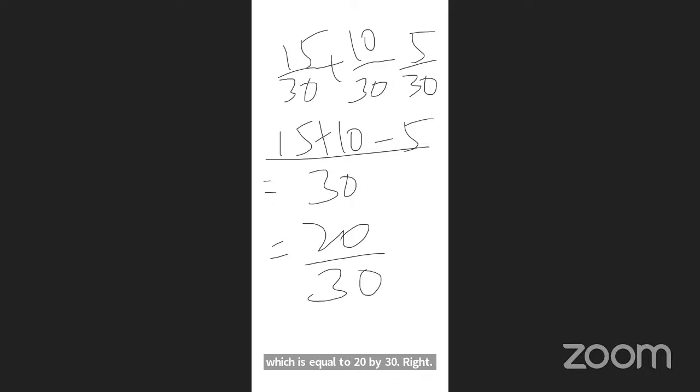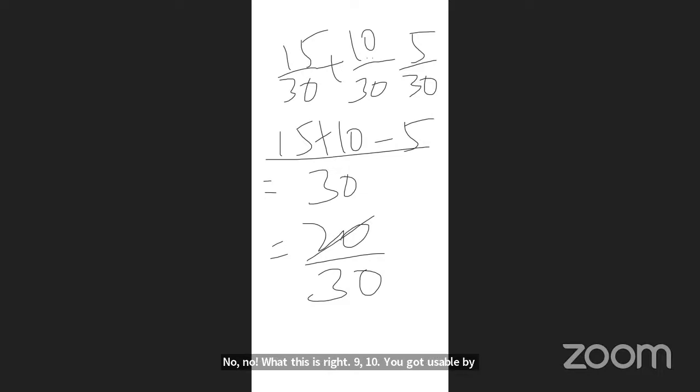25 minus 5. So 0.6, or is it 0.66, 0.67? What is this, is it right, Nana? Divisible by 3 is 10.